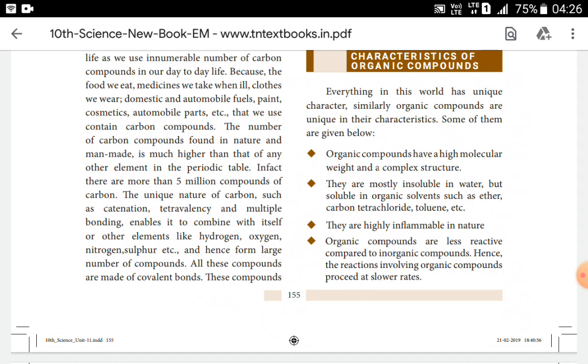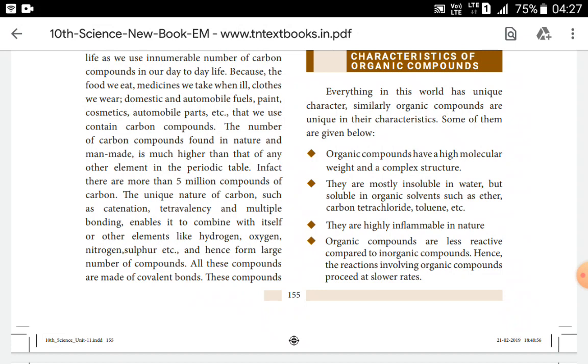Here carbon will not lose its 4 electrons or gain 4 electrons to form a compound. So what happens? Carbon shares its 4 electrons in the valence shell with combining atoms to form innumerable compounds. That is called a covalent bond.